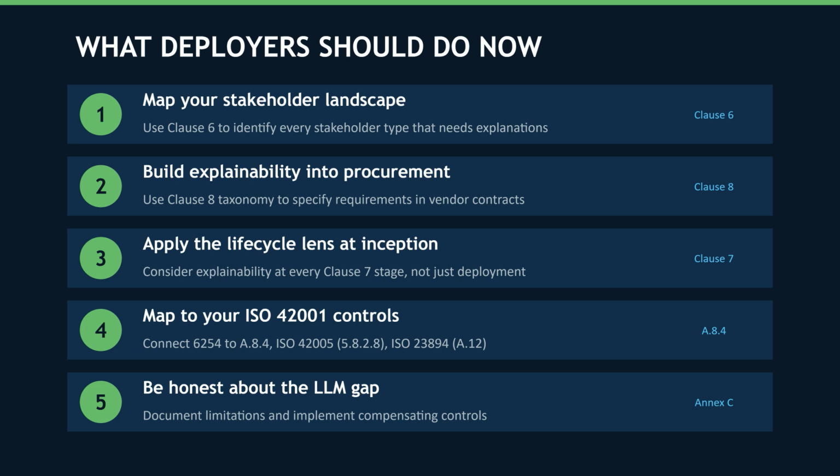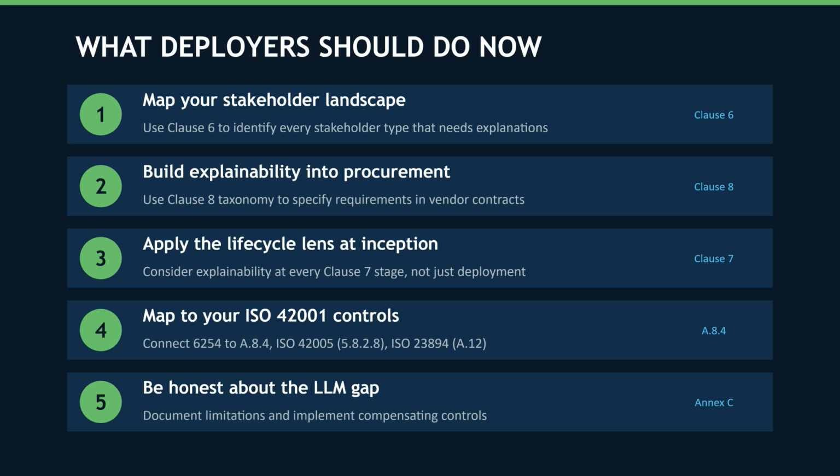Number 4, map to your existing ISO 42001 controls. Connect 6254 directly to control A84 and also to ISO 42005's explainability impact objective at section 5828 and to ISO 23894 objective A12.